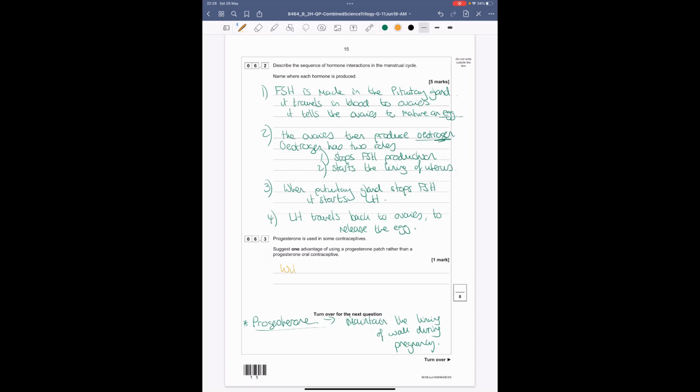So with a pill, there's a greater chance of forgetting to take it, or you can say a patch lasts longer. You could also say that the patch has a lower dose, so it would have fewer side effects, or the patch goes directly into the bloodstream, so it wouldn't be affected if that person was then sick at all.